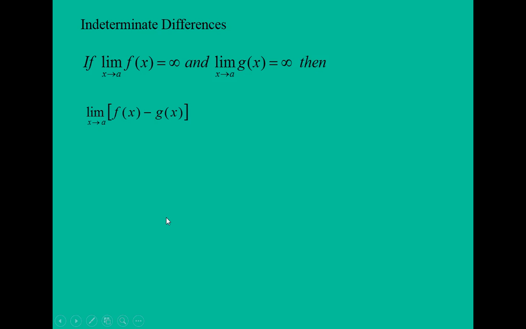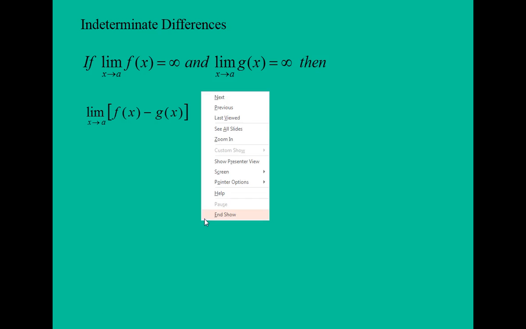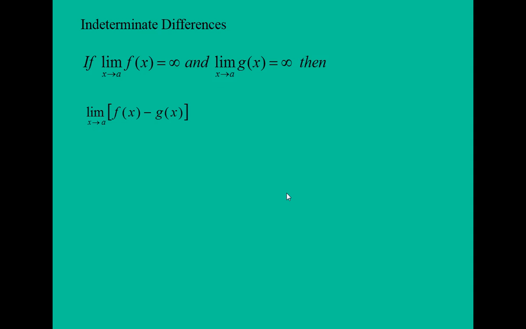Now the indeterminate differences. Let's think about evaluating a limit where we get infinity times infinity. Couldn't we conclude that a very large number times another very large number is going to be infinity? Same idea if we have infinity plus infinity. If I have one large number and add another large number, it's going to be another large number.